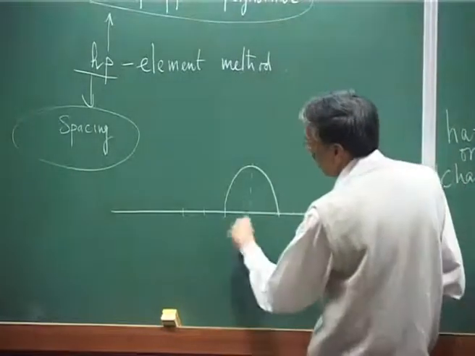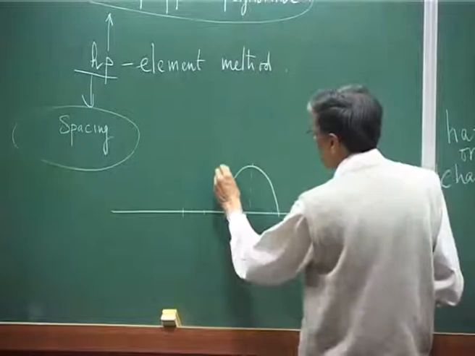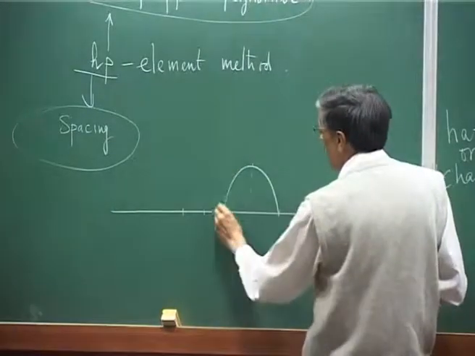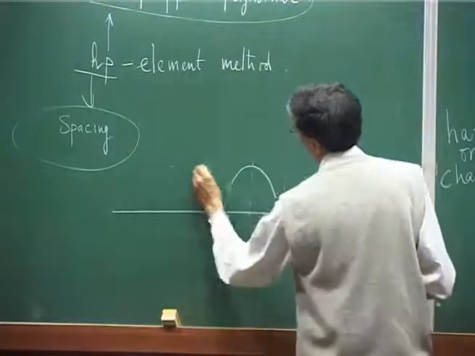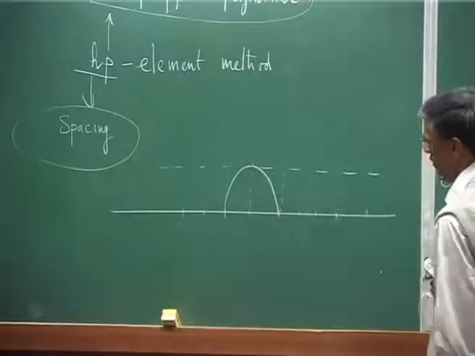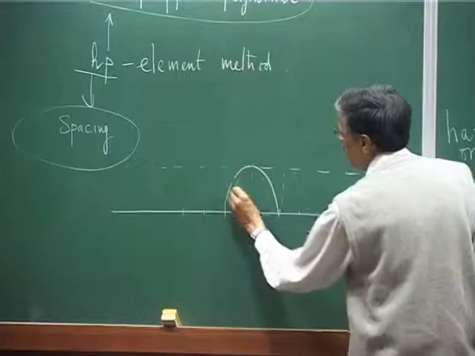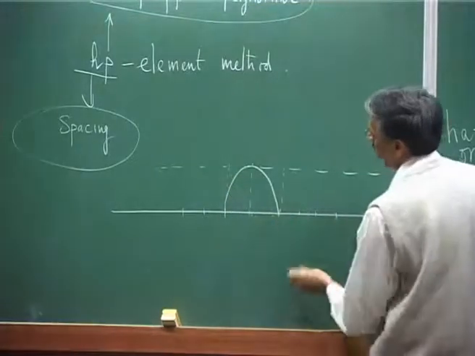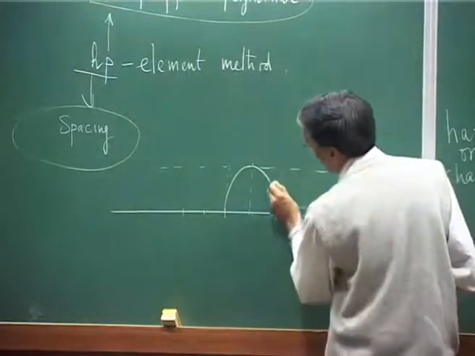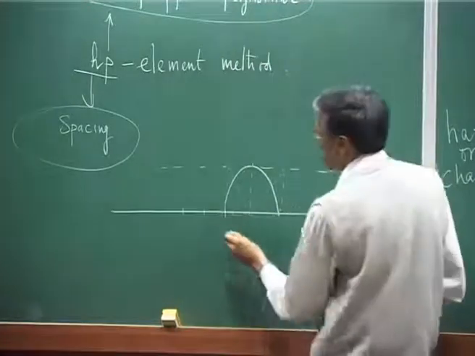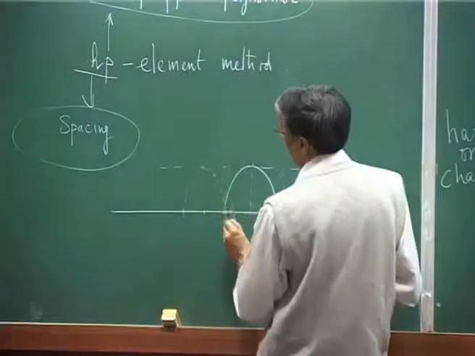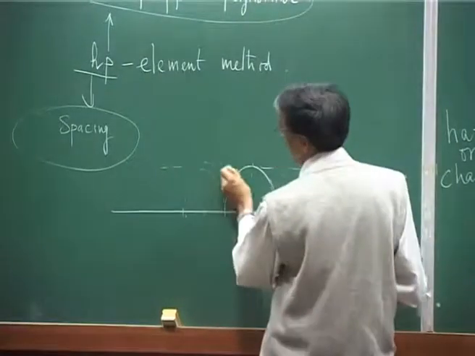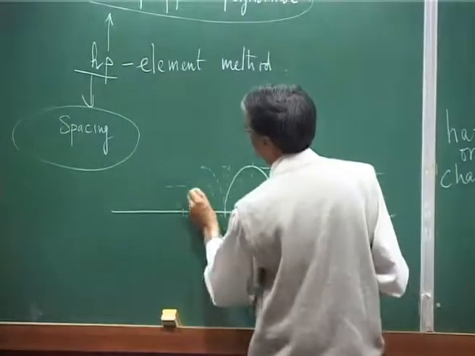So if I superpose this, I have this function present there, this function also present there, but here I also have this, and a function like this.